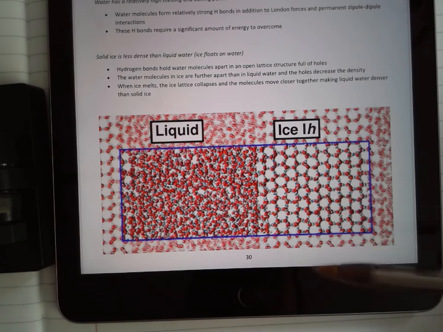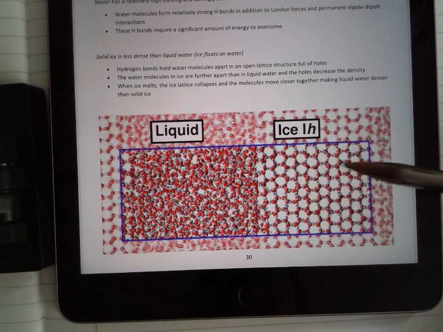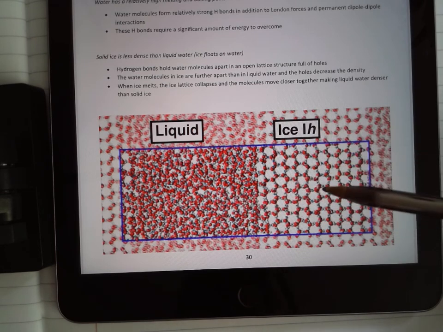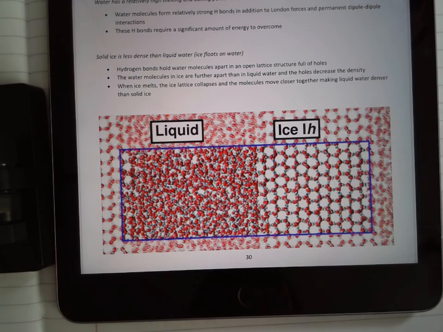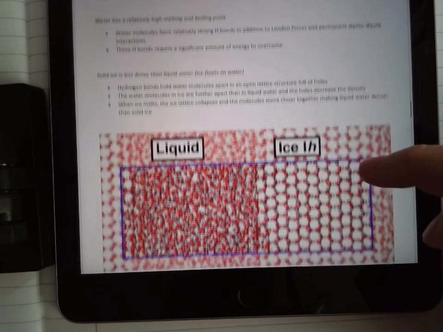They do this because energetically that is favorable. But in doing so, you end up with this open lattice structure. The water molecules are further apart in ice than in liquid, making solid ice less dense than liquid water, meaning ice will float on water. So this is an unusual property, and it's all to do with hydrogen bonds.